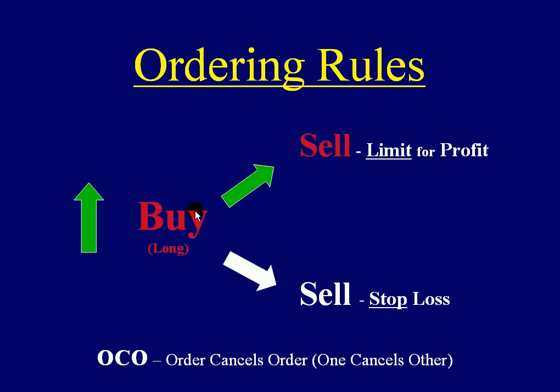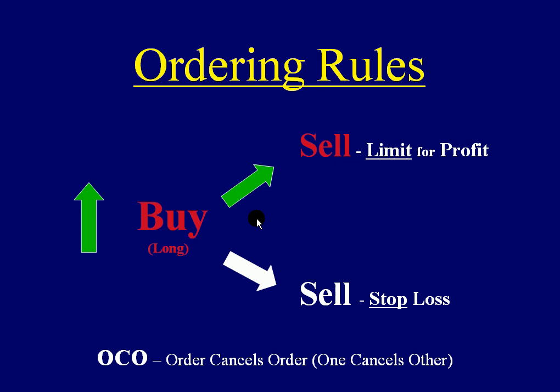So, some basic ordering rules. If you're buying, anytime that you're buying in the foreign exchange market, you should have 2 sell orders attached to your order, and one should be a sell order as a protective stop loss, and one should be a sell order limit for profit. Now, these 2 sell orders should be what are called OCO orders, order cancels order, or one cancels the other.